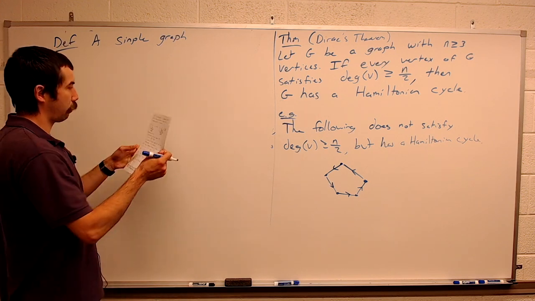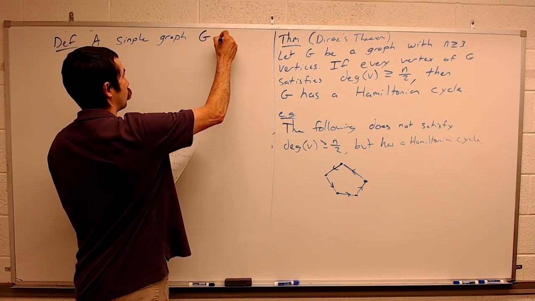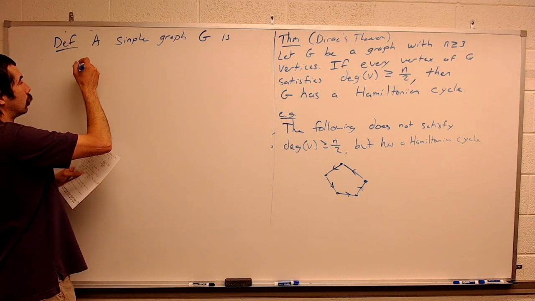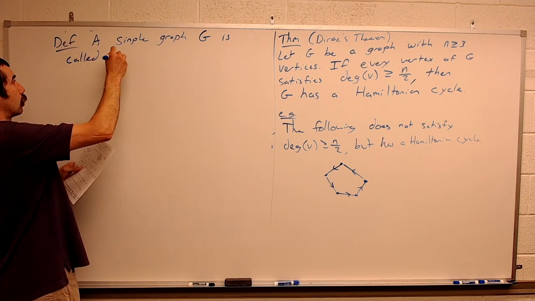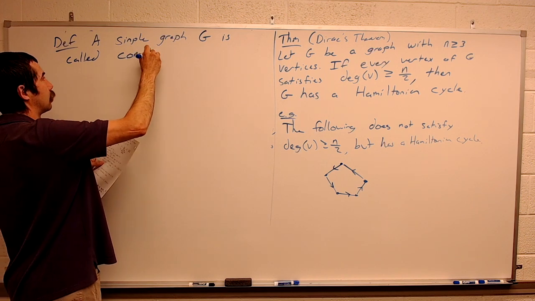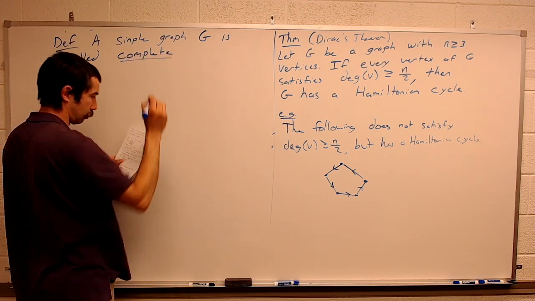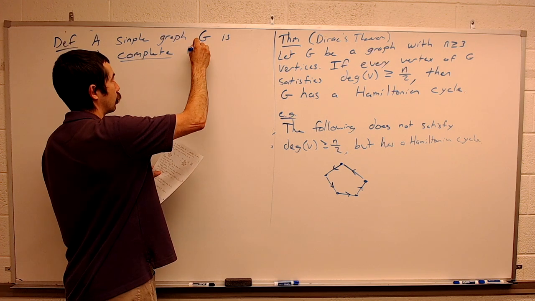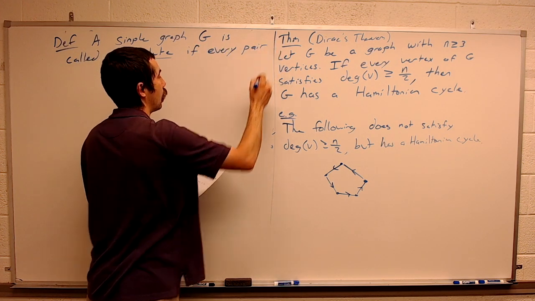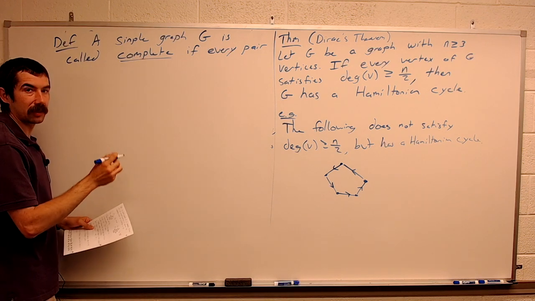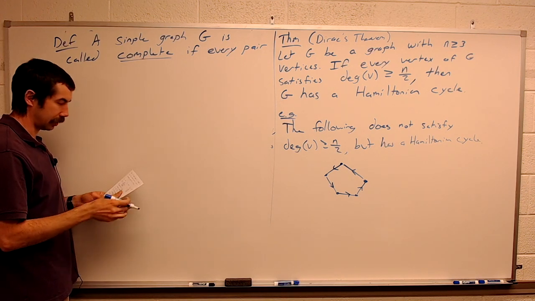A simple graph G is called complete if every pair of distinct vertices are adjacent.